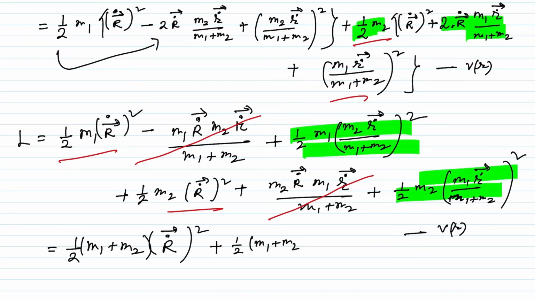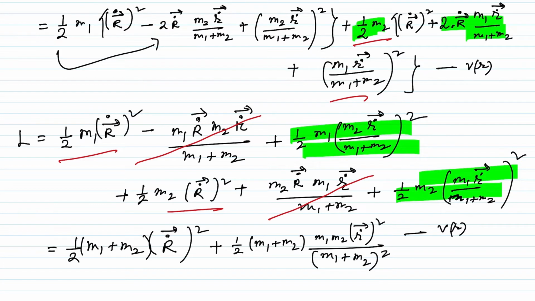then one more thing, into m1 m2 r dot square by m1 plus m2 whole square.